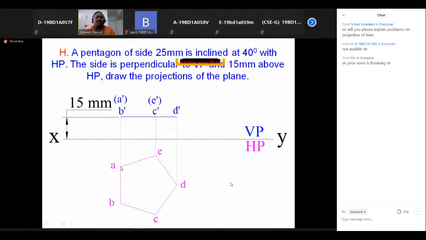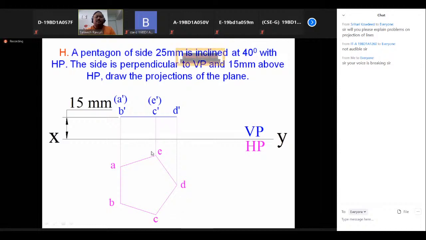So the side AB is to be fixed. The shape position of the surface is given, that is okay. In addition, one edge position is also fixed according to the statement of the problem. One side, that is AB, is perpendicular to the vertical plane and 15 mm above the horizontal plane. So A dash B dash is 15 mm above the horizontal plane. Now let us assume that the entire surface is parallel to the horizontal plane. It is an assumption. Take this as an assumption.